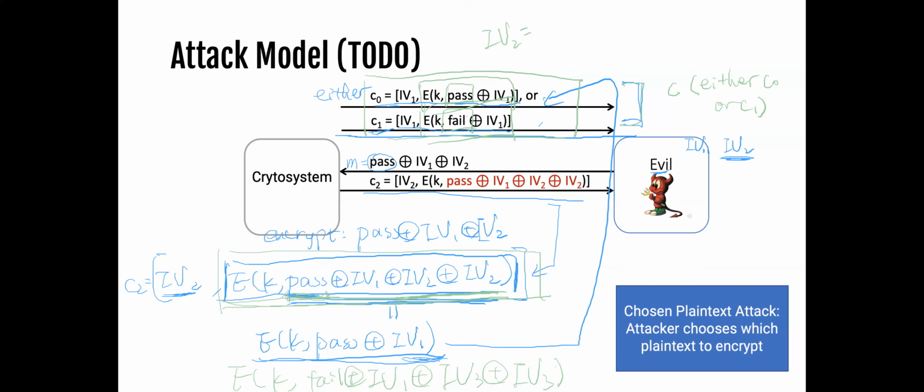Evil has this power, and we're assuming that. Then the question is, can Evil break the crypto system given this power? Similar to chosen plain text attack, there's also chosen cipher text attack, meaning that Evil can choose which cipher text the crypto system is going to decrypt for him.